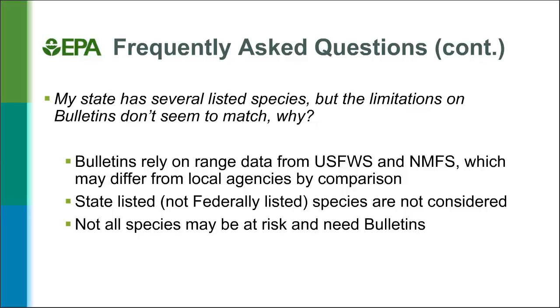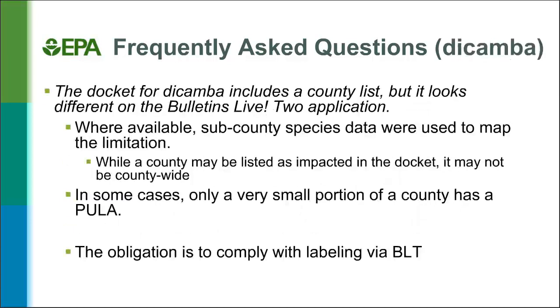State-listed, not federally listed, species are not considered. Not all species may be at risk and need bulletins. So even though your state might have 10 endangered species, the bulletin might only be specifically concerned with a subset of that, say 2.